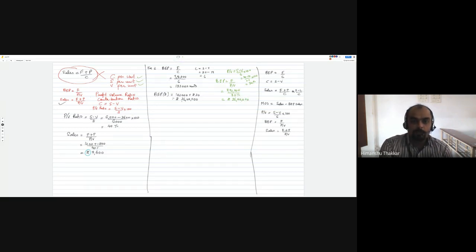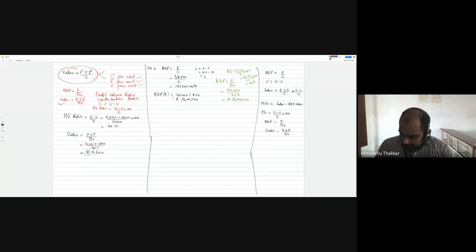I've used both the formulas in this example. Any doubts? Any doubts for the answers that we have got so far? Are you getting it, all of you? Okay.